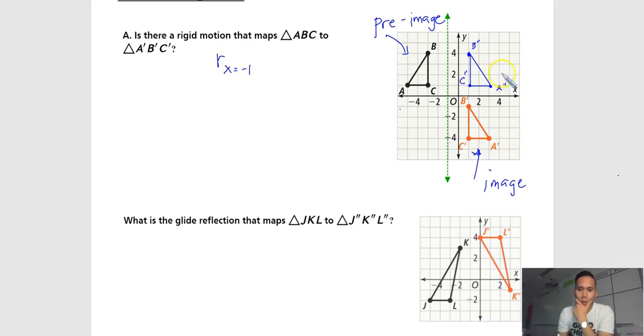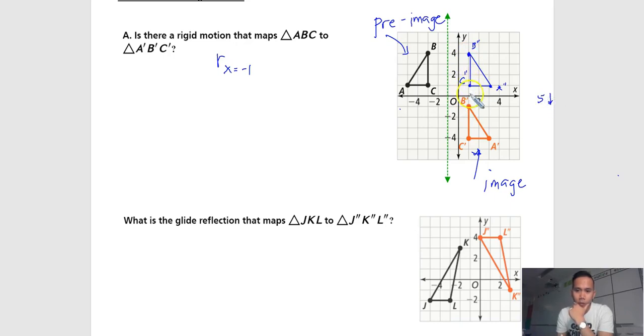And then, let's see. Comparing the blue and the red, rotation is not done here, and reflection also is not possible. So translation: it translates from 1, 2, 3, 4, 5, so 5 down.